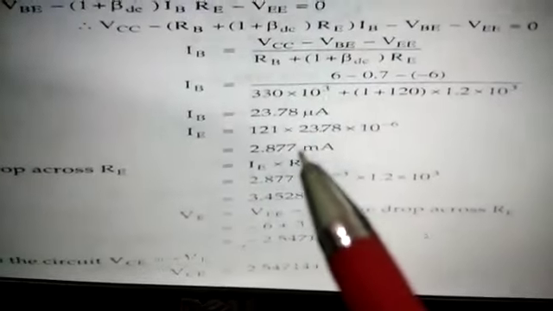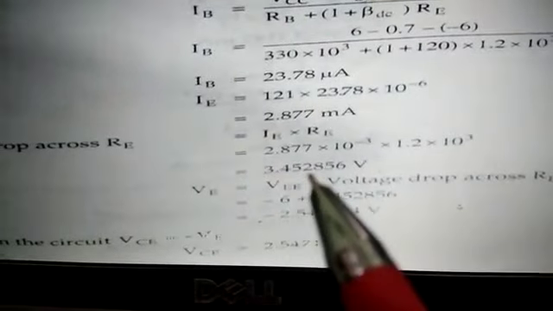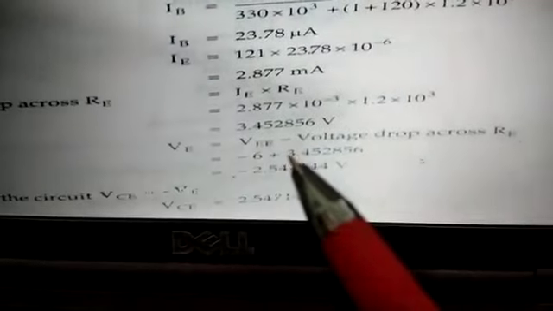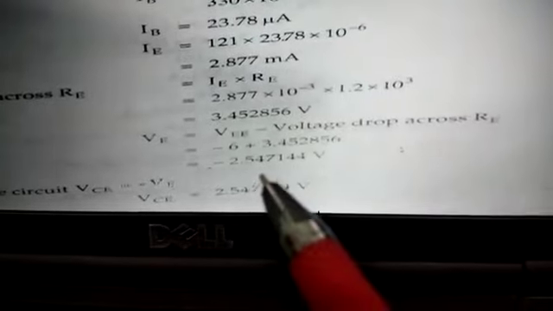Now you have to calculate the voltage drop across RE. Voltage drop across RE will be equal to IE into RE. IE we have calculated here and the value of RE is given. So this comes to be 3.452856 volt. Now VE, this value of VB is equal to VBE minus the voltage drop across RE.